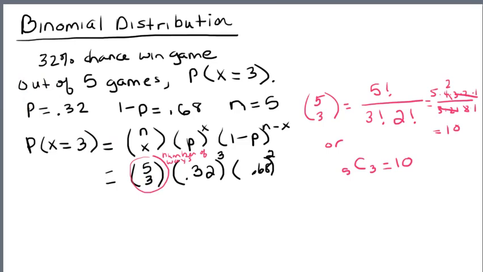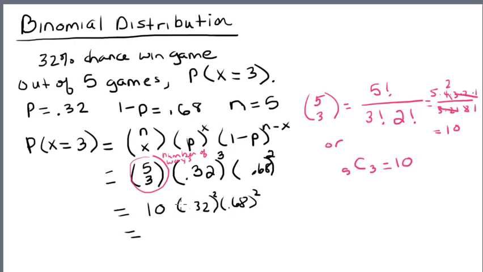So now, let's go back to our problem. We now know that this is 10. Remember, 3 of these 5 are going to be successes and 2 are going to be failures. So we're going to just plug that all into our calculator. And everybody do that right now. Get your calculator out.